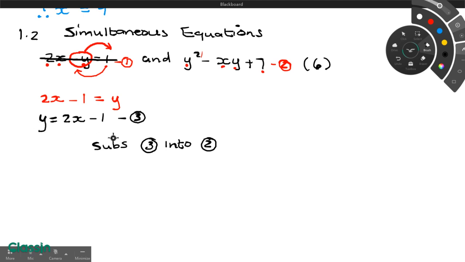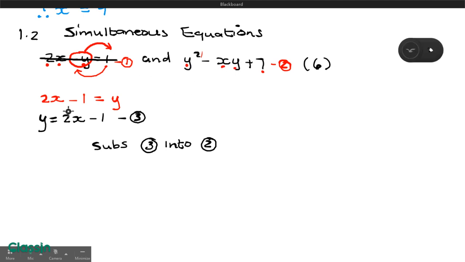It means that in equation 2, where we see the variable of y, whether y or y squared or y cubed, as long as it is a variable in y, we're going to put it as 2x minus 1. So our first value will be 2x minus 1, but this y is squared, therefore it must be squared, minus.